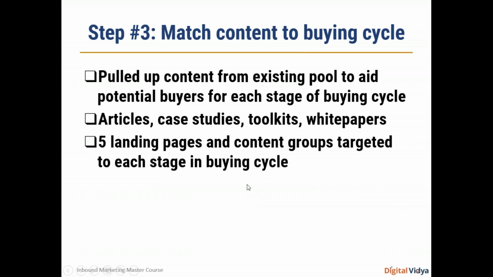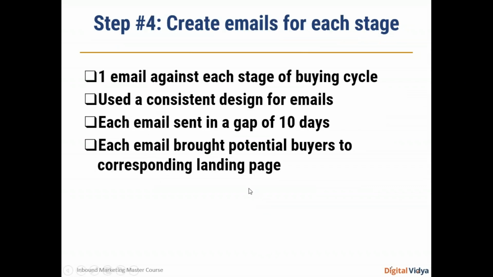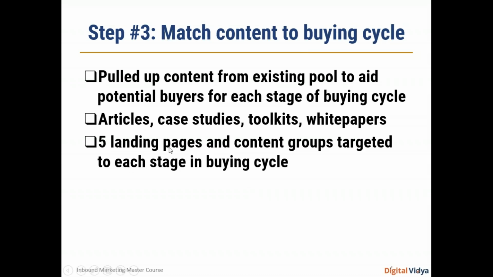And once they created 5 landing pages, the next step was creating emails. Each email was bringing users to the respective landing page, so each email was mapped to each buying stage, which was mapped to each landing page.